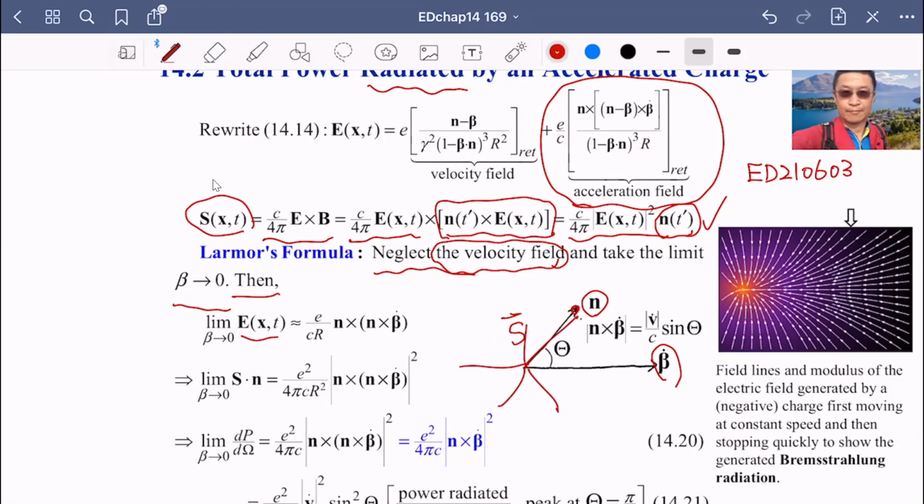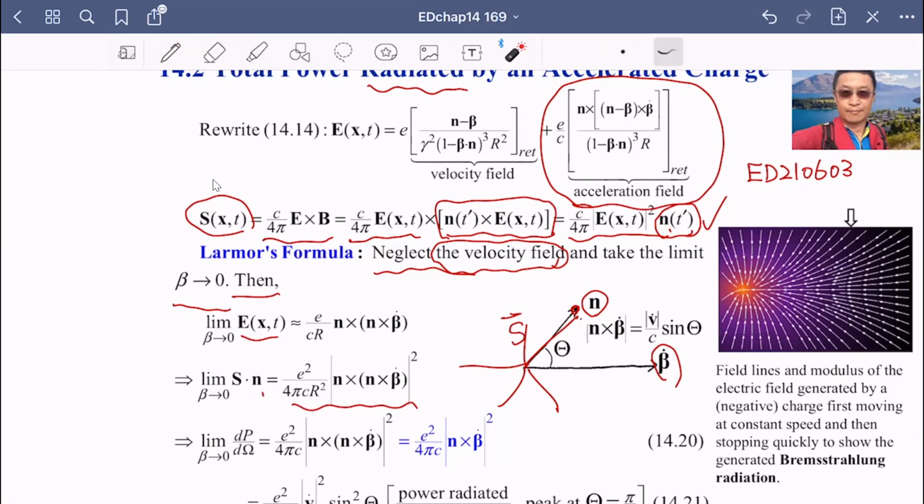The observer is here. So S dot n will be here. Very simple, because this is n, this is n. These two are exactly the same. Therefore, we have the electric field only.